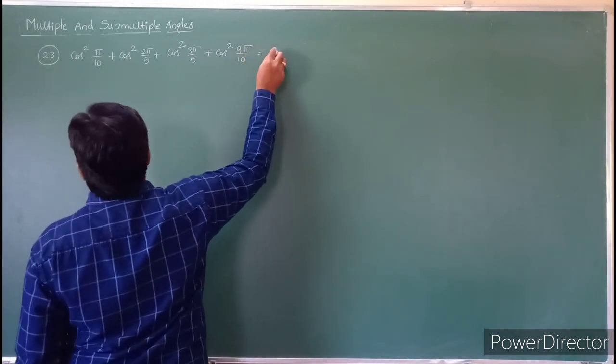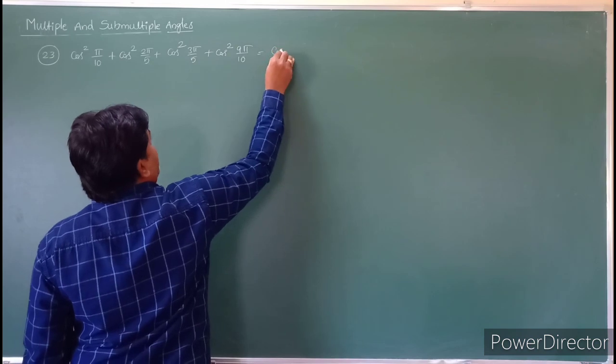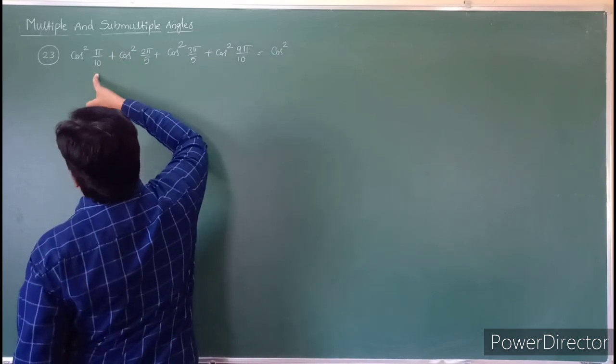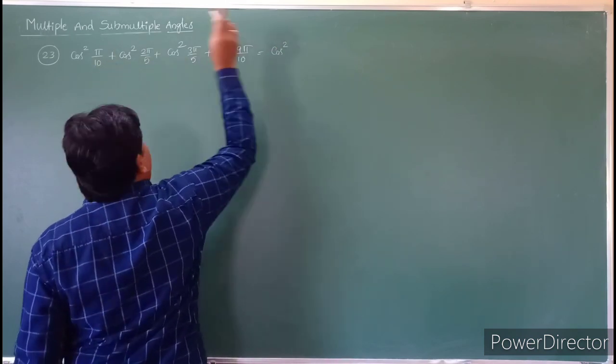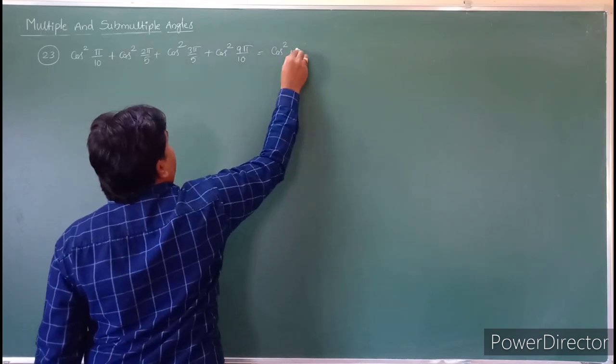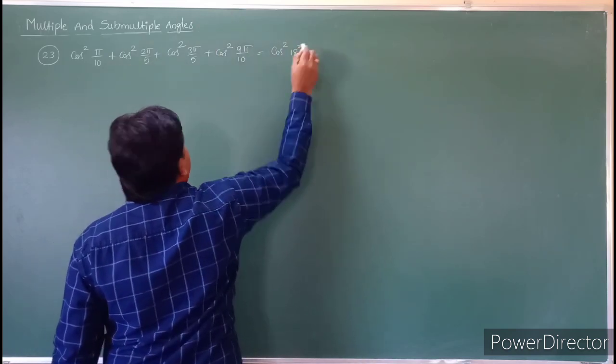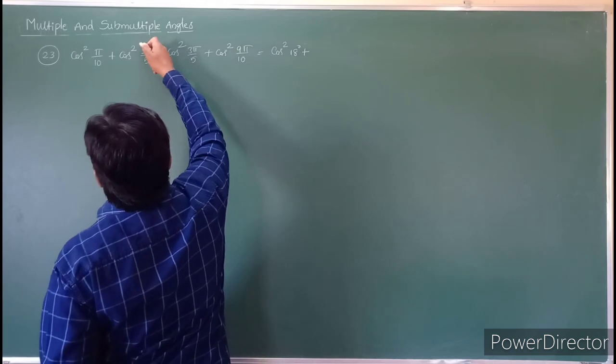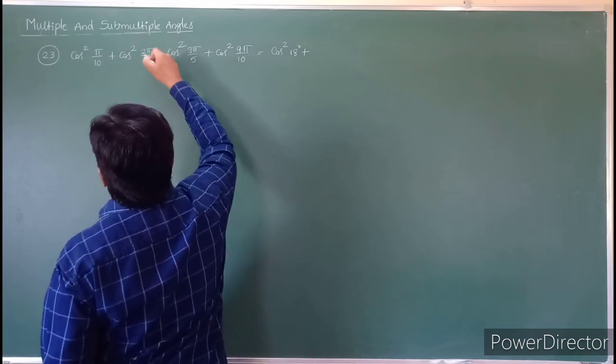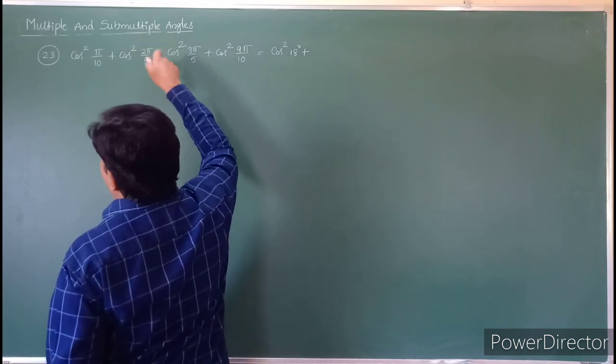So that is equal to cos square, pi by 10 is nothing but 180 by 10, that is 18 degrees, plus 2 into pi by 5, that is nothing but 4 into pi by 10, yes or no?